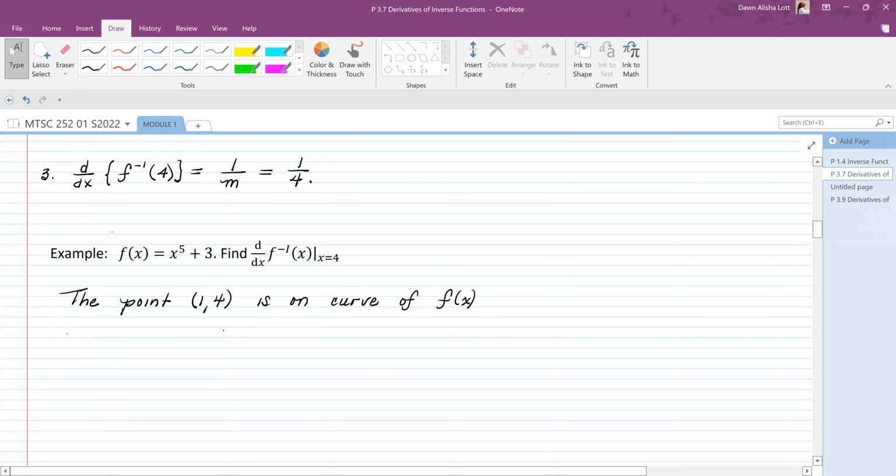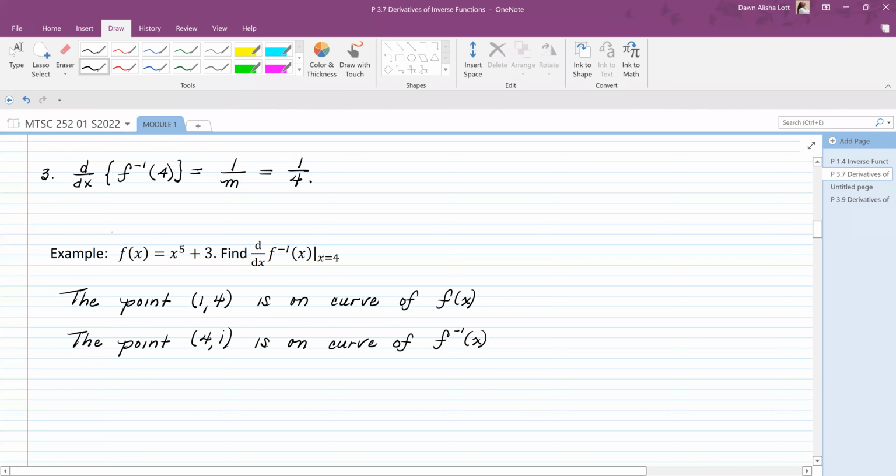And the point for 1 is on the curve of f inverse of x.